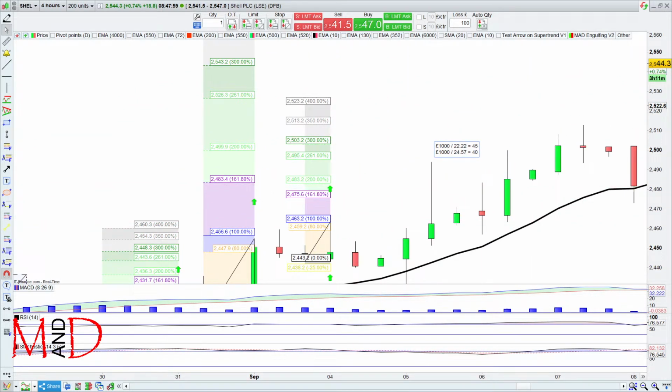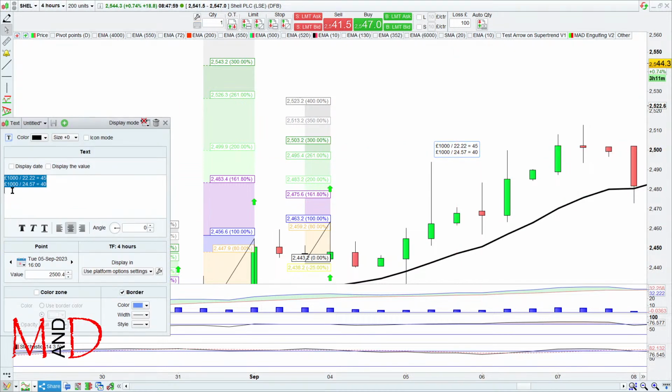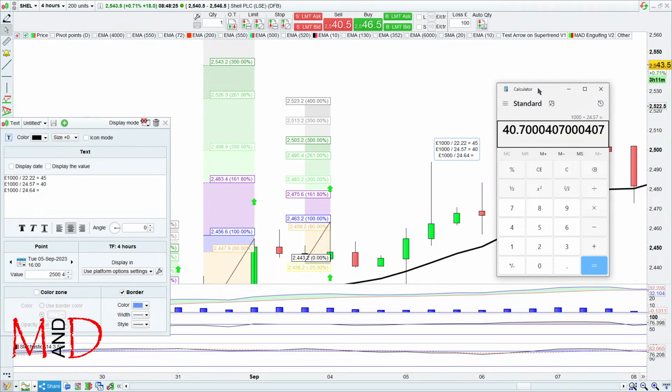So another 1,000 divided by 24.64 equals, so 1,000 divided by 24.64 is 40 again.